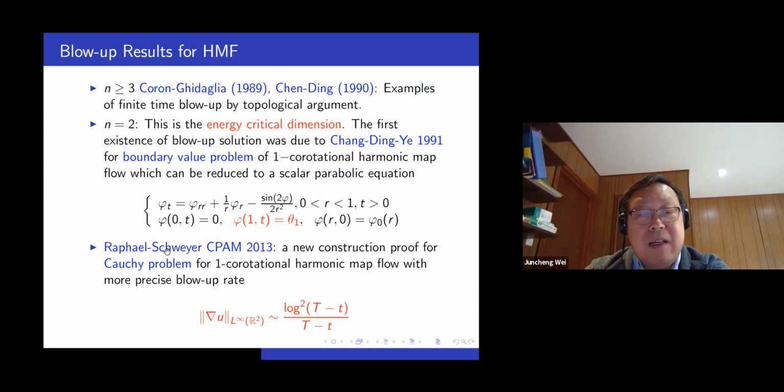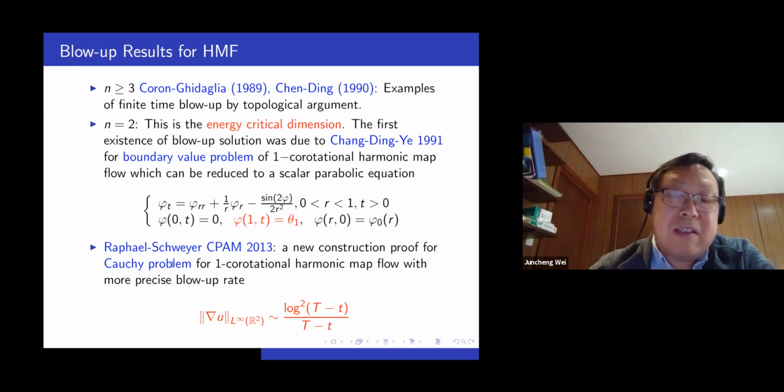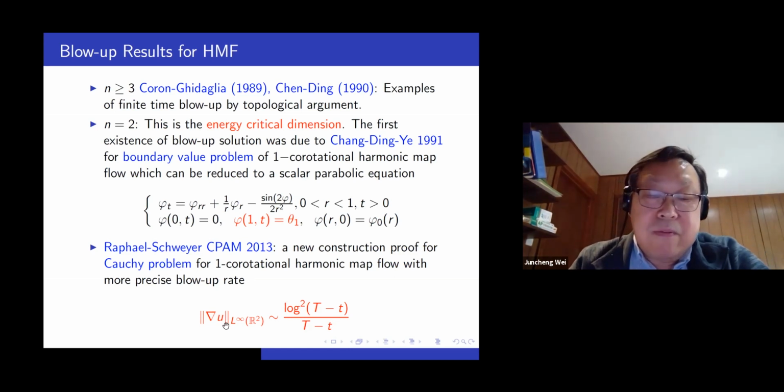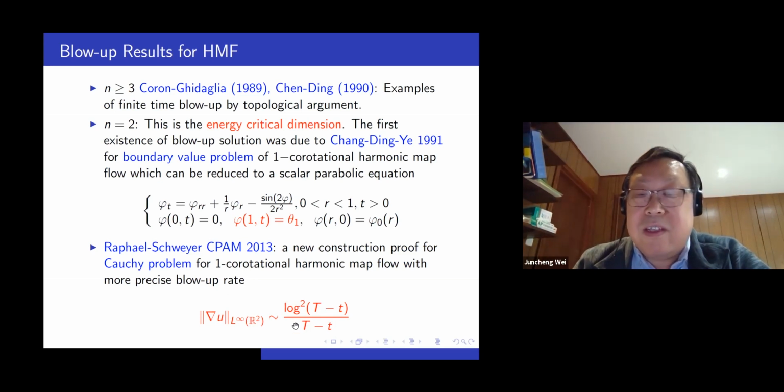And in 2013, Raphaël and Schweyer constructed solutions to this scalar parabolic equation, but for the Cauchy problem, and they found the precise blow-up rate, which is log squared of T minus t.